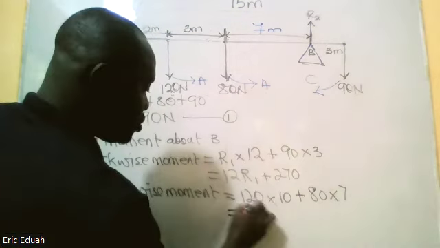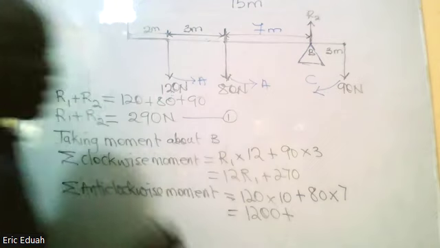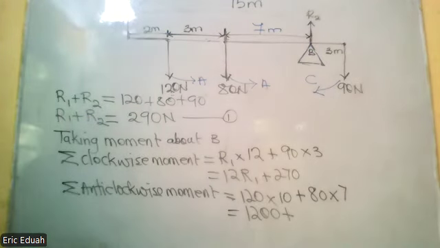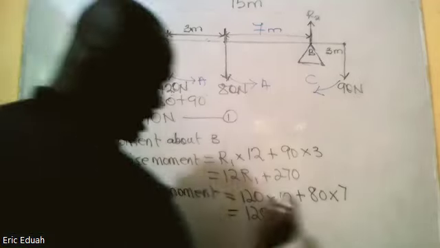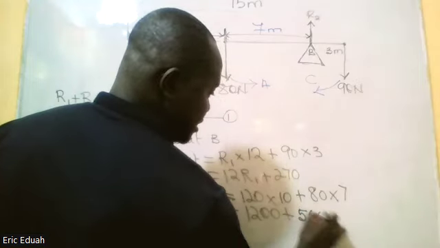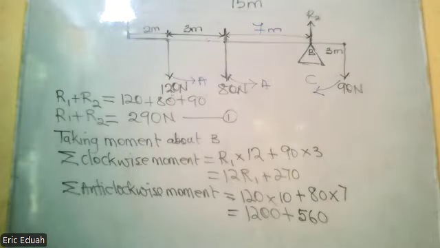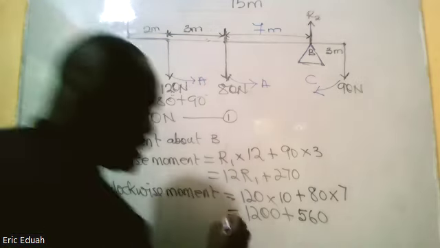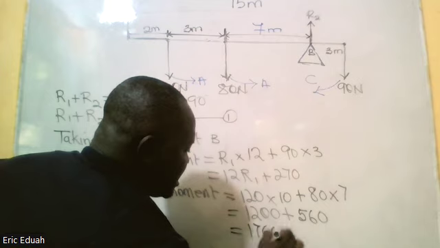So 1200 plus, what is 7 by 8? 7 multiplied by 8, 56. So you determine the complete value: 1200 plus 560, and we have 1,760. This is equal to 1,760.